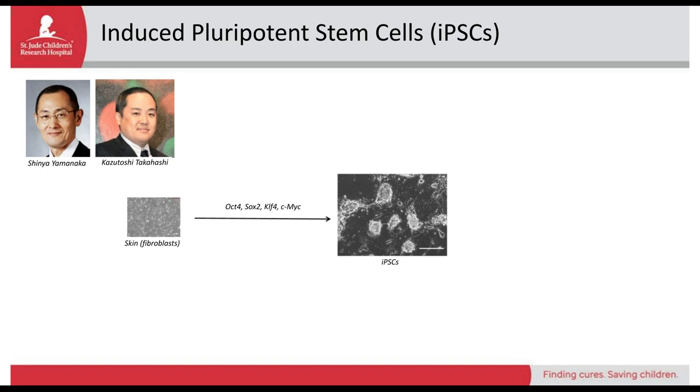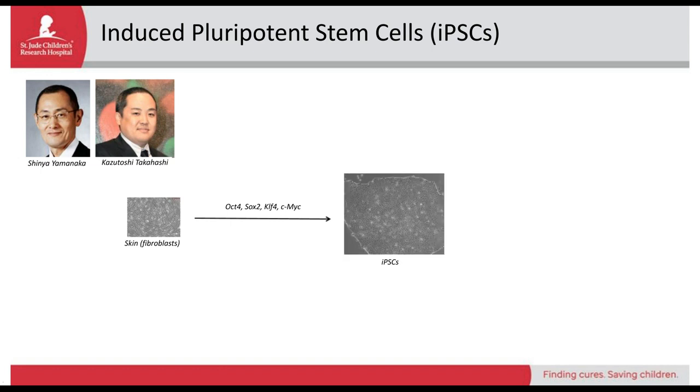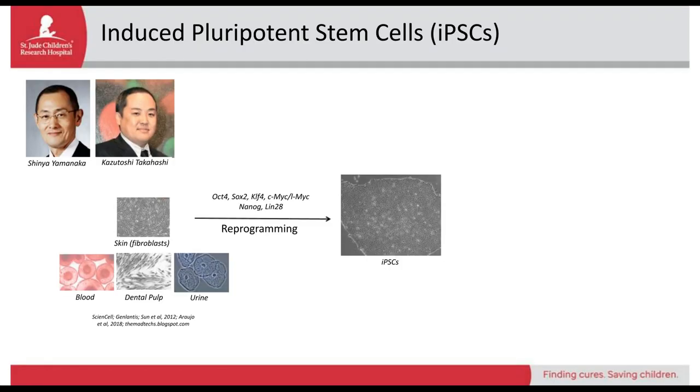Very soon, they were able to show that you can do the exact same thing with human skin cells or human fibroblasts and generate human induced pluripotent stem cells. Now, since then, the technology has advanced a lot. Right now, we have the ability to convert or de-differentiate several different types of somatic cells, called donor cells, into iPSCs. And this process by which you can convert a somatic cell into a pluripotent stem cell is called reprogramming.